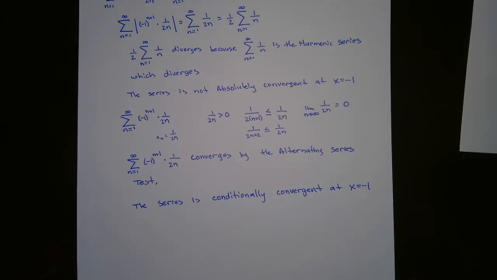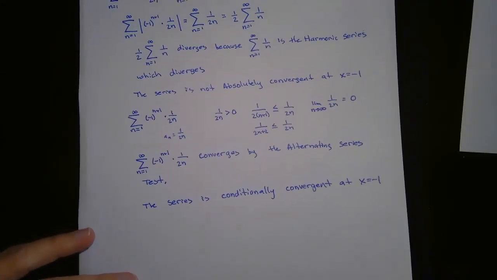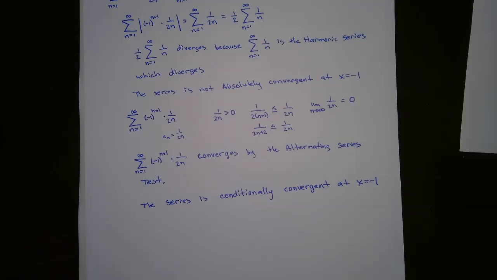All right, so now we got to do x equals 1, right? Okay, so we got to do the same thing at x equals 1. I know these just take a long time because you're doing all these tests for the series, okay? Maybe you're not seeing the big picture, okay? These series are Taylor series, right?